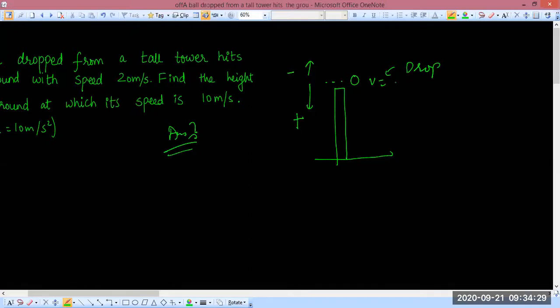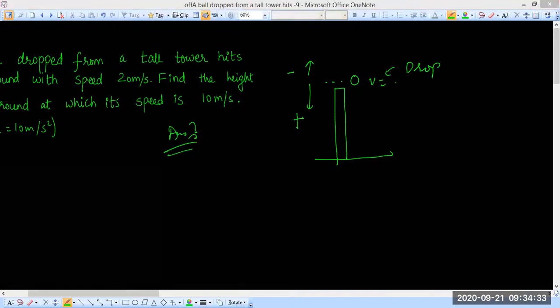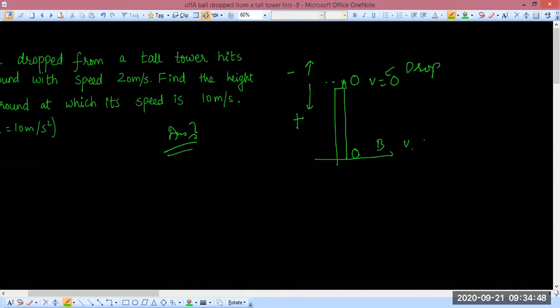When we drop it, the initial velocity is going to be 0. Here it is 0. But when it hits the ground, let's say this is point A and this is point B, when it falls to B, at that point the velocity is 20 meters per second, plus 20.